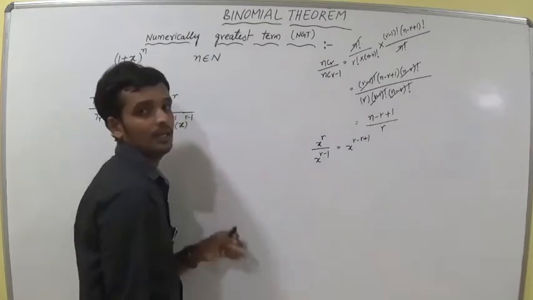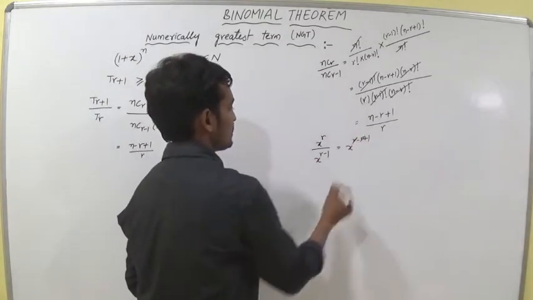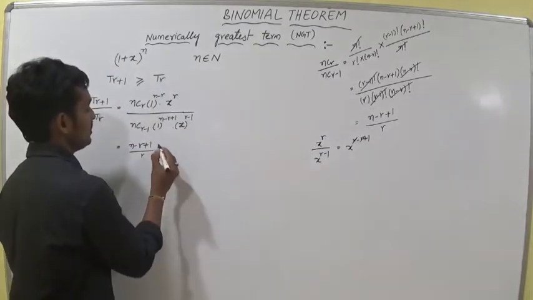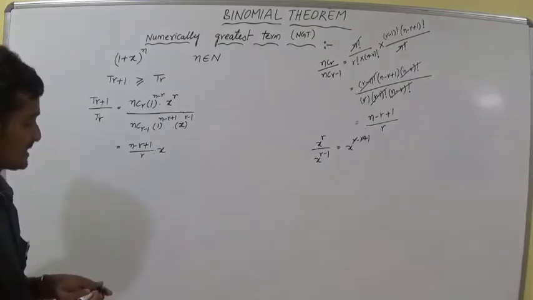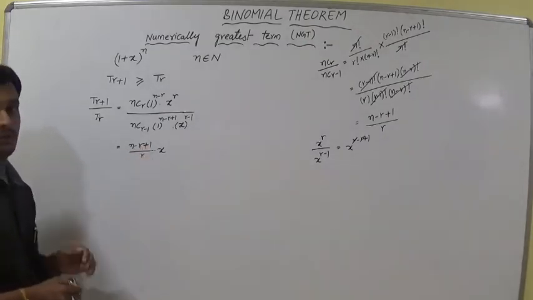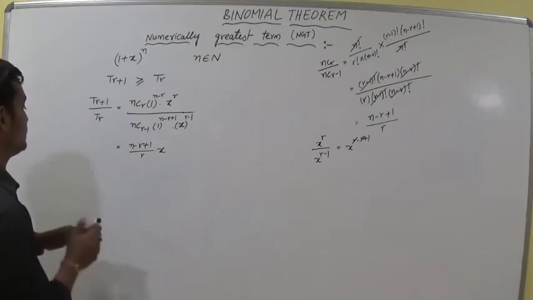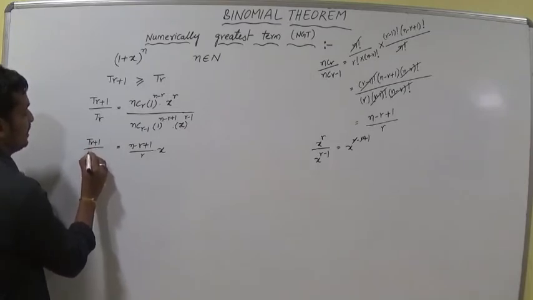Am I right? Actually r minus r plus 1, plus r minus r cancel. What I am getting is x. So n minus r plus 1 by r into x. So this is the value of t r plus 1 by t r.